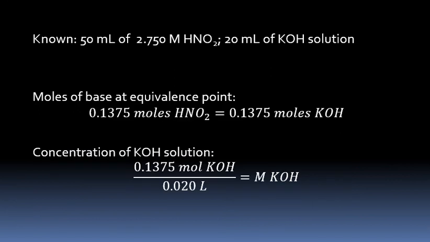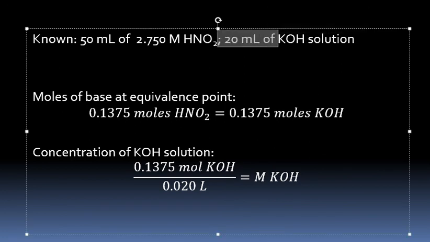Now, cool. We know how many moles of our base we actually did add, and we know what was the volume we added. The volume of the base that we added was that 20 milliliters from the burette.